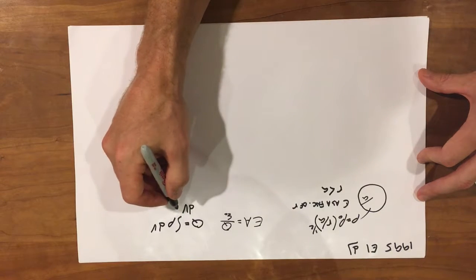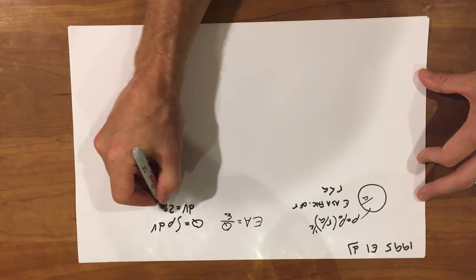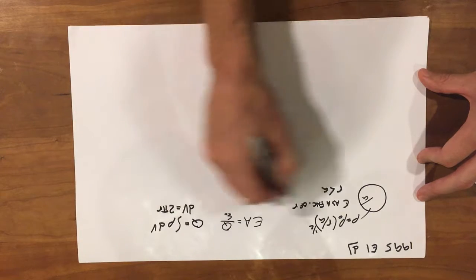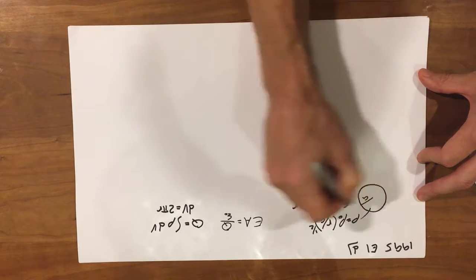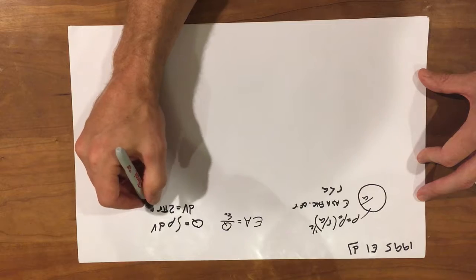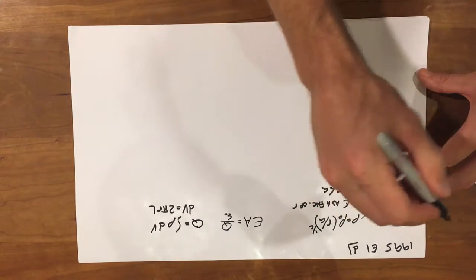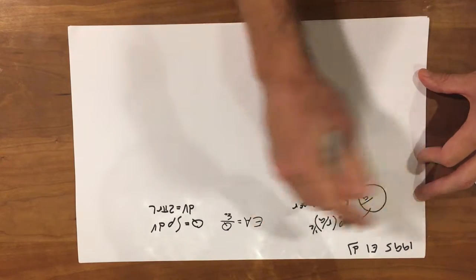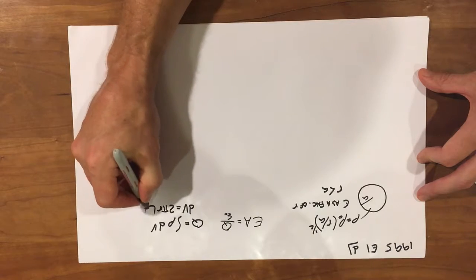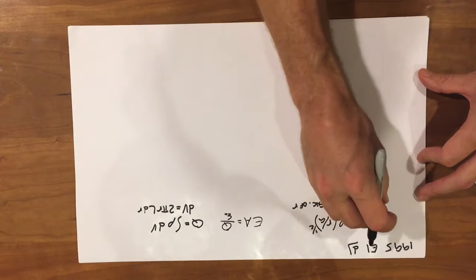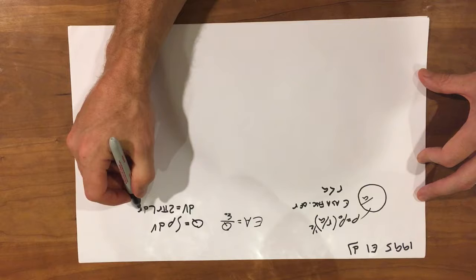dV is going to be equal to 2 pi r, so I'm taking these little circles, multiplied by L, because I am dealing with this cylinder. This isn't a sphere. Multiplied by dr, so all of these little cylinders are added up.